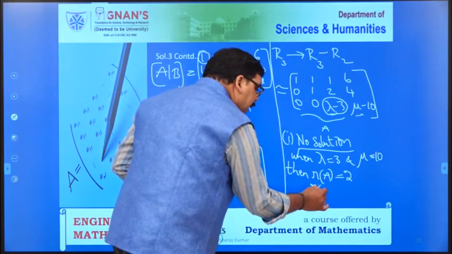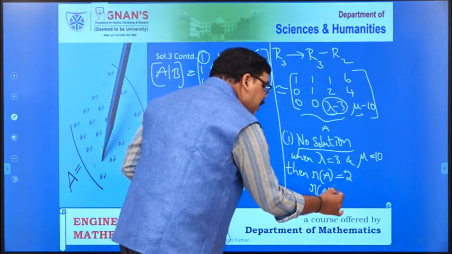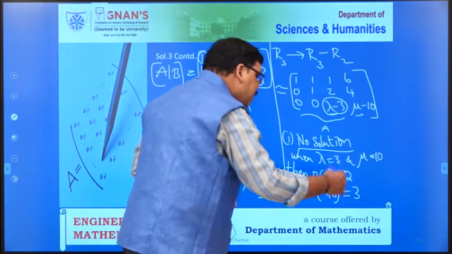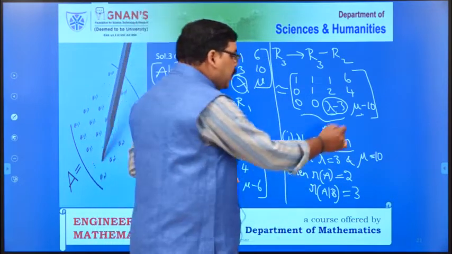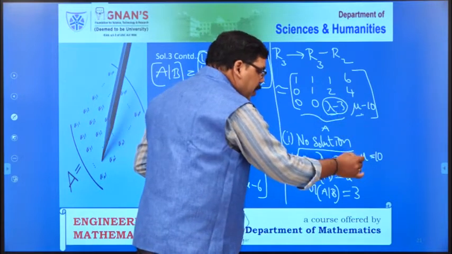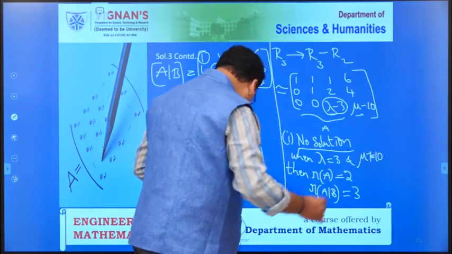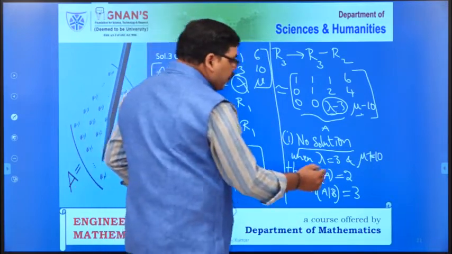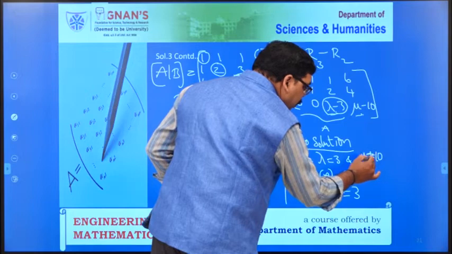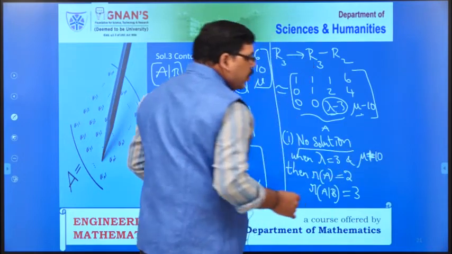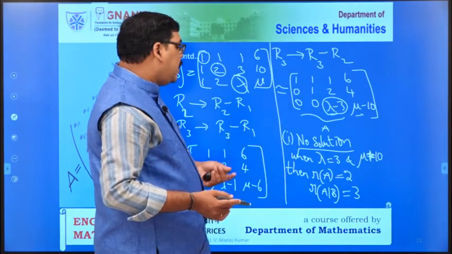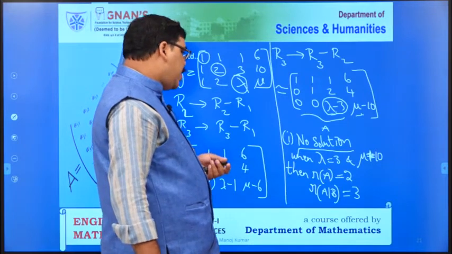And rank of AB becomes 3. Why is it becoming 3? I want this not to be 0, so mu minus 10 not equal to 0, meaning mu not equal to 10.